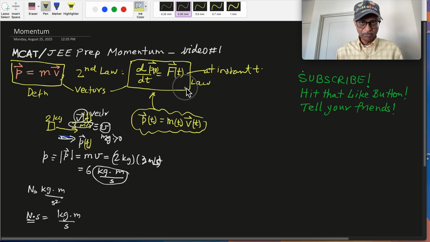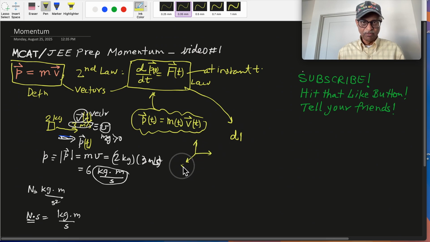So let's see what we're going to do over here with that. If you wrote it down in x, y, and z, then the vector p at instant t has three parts.